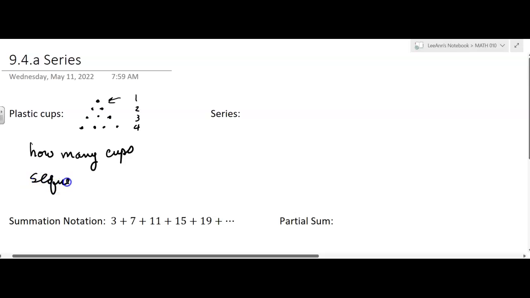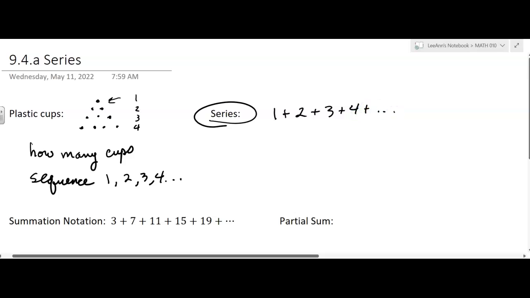The sequence is 1, 2, 3, 4, and so on. A series is when you add up those cups. So a series would be 1 plus 2 plus 3 plus 4 plus, and it keeps going, right? So it's when you add up the terms in a sequence.